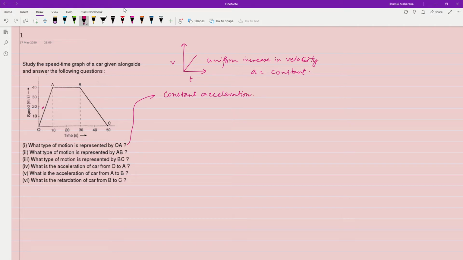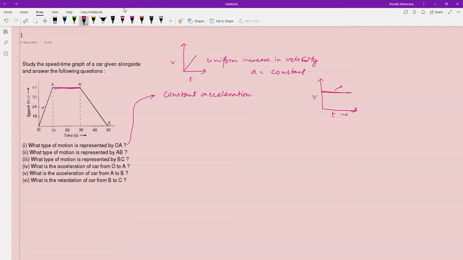Okay, now the second part, AB. Now look at this part, AB. Now if you look at this graph and try to recapitulate last time's video, we had a graph where the velocity of the body remaining constant. The line was a parallel line, parallel to time axis.